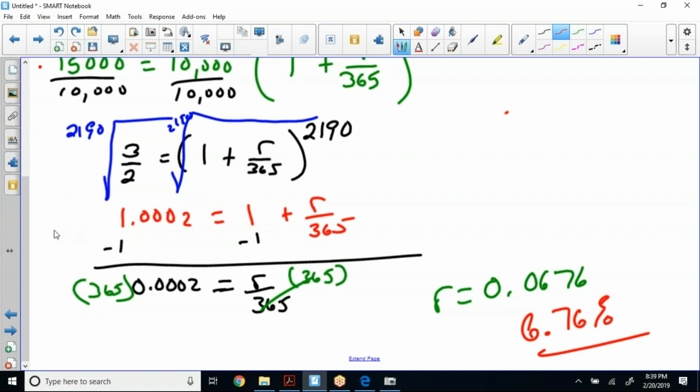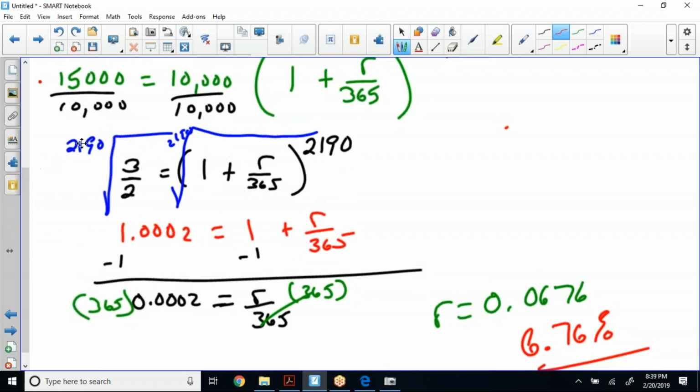The hardest thing is to take the 2190 root of that, right? But you should get something that is 1 point something. The reason is you need this one over here to cancel it out, because you don't have an interest rate that's going to be above 20-something%.